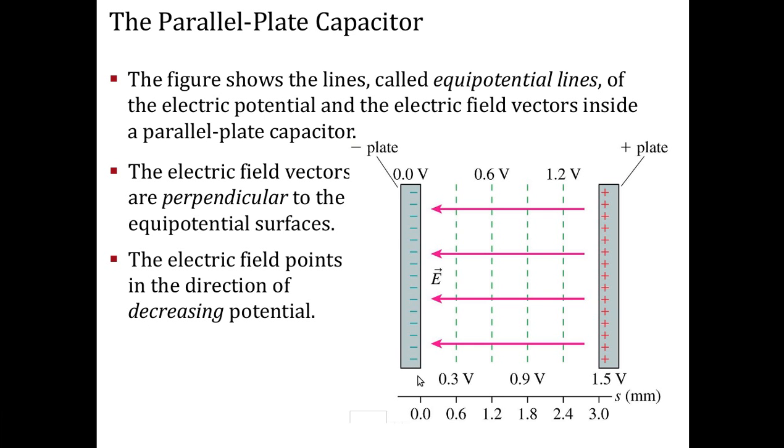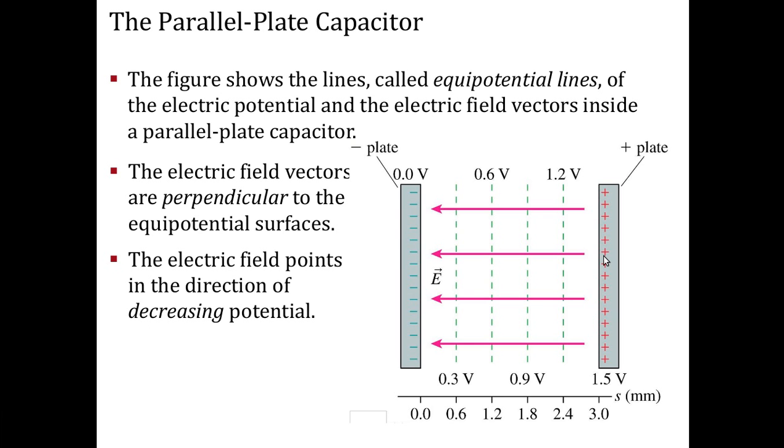If I took V final to be here and V initial to be here, I'd have a potential difference of negative 1.5 volts. Generally, our voltages are positive between the two plates. We pick our convention so that V final is the high potential and V initial is the low potential. So generally, the voltage across two plates is going to be positive.